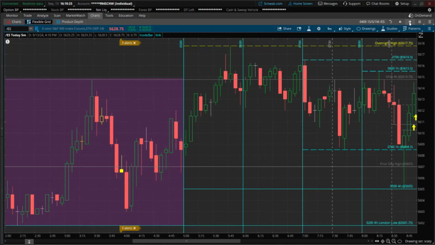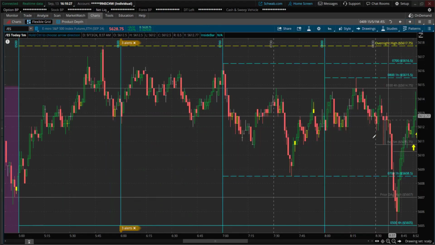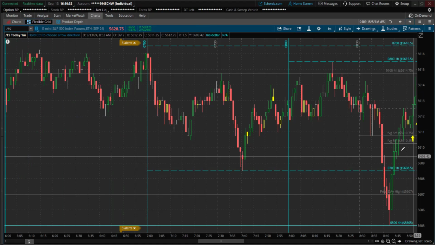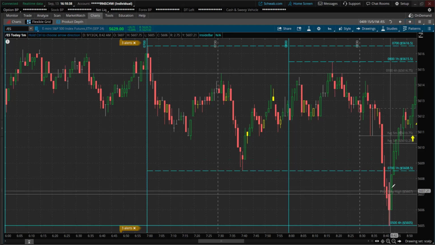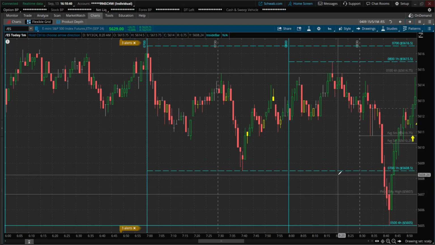Looking here, let's take it to the 1 minute. Zoom in some more. So on the 1 minute, we had this reversal occur down here, which happened to be below that 7 a.m. low.